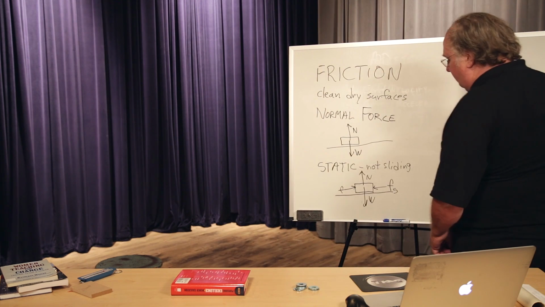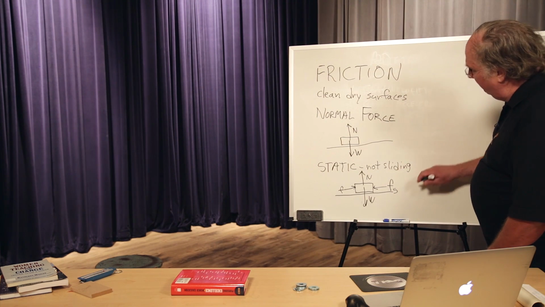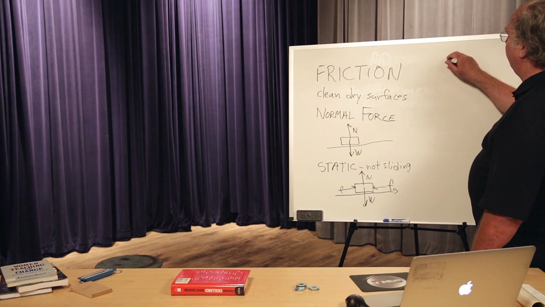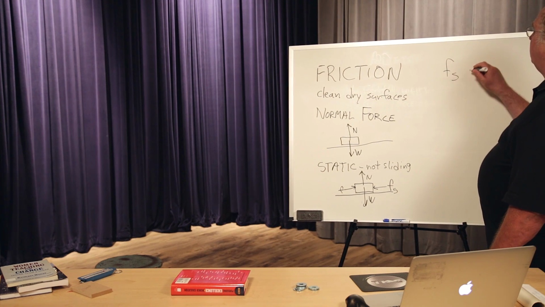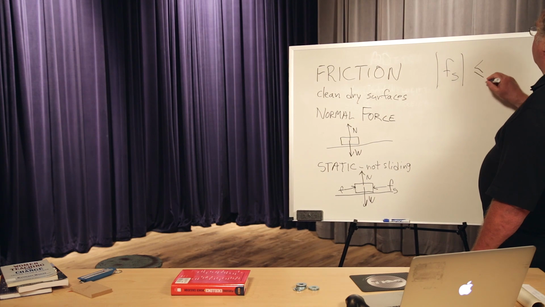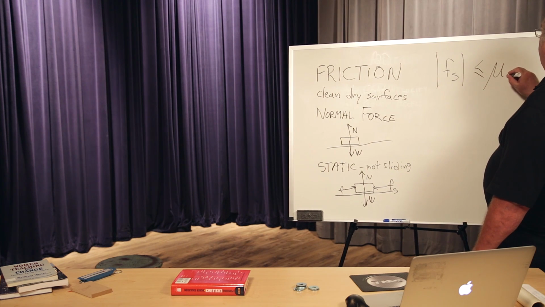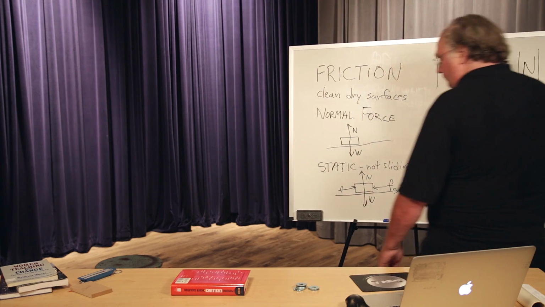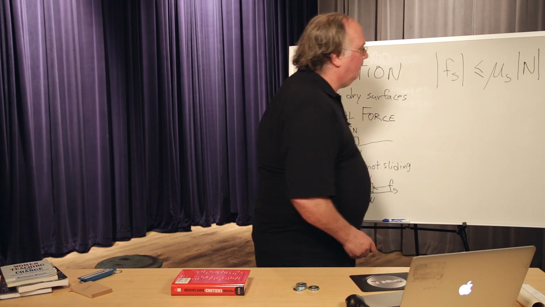That is up to a limit. The limit of static friction is this. The magnitude of static friction is less than or equal to mu s times the magnitude of the normal force.